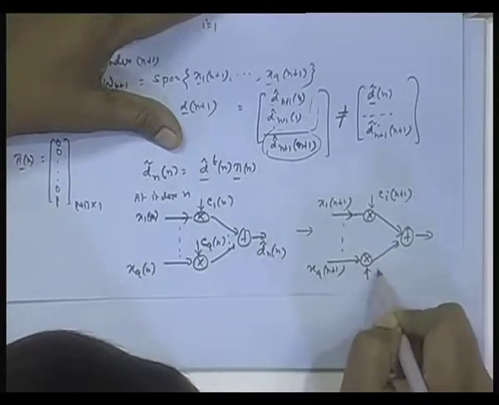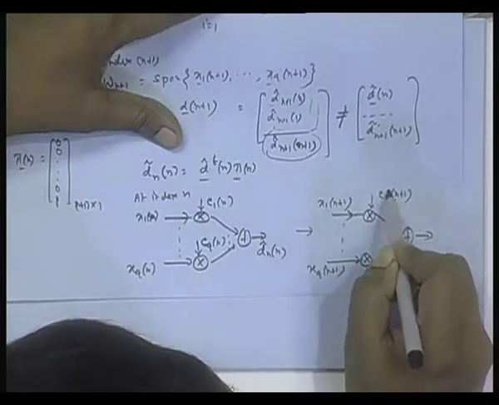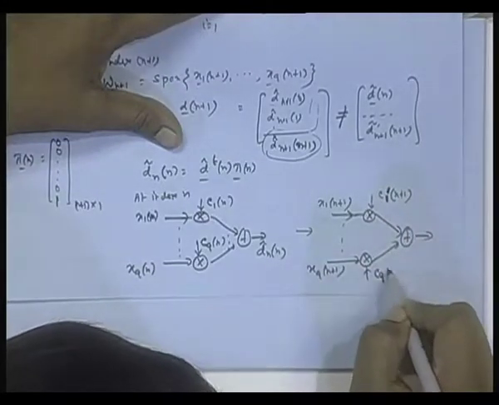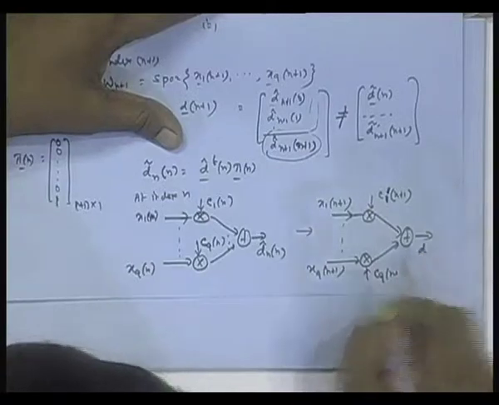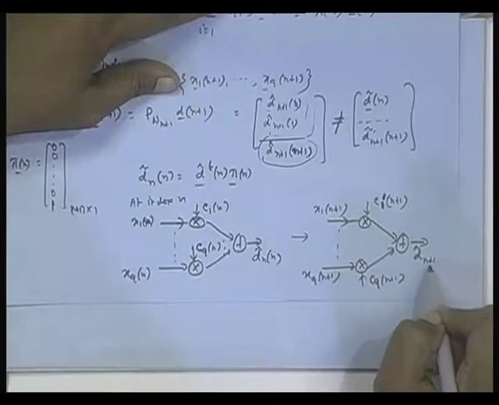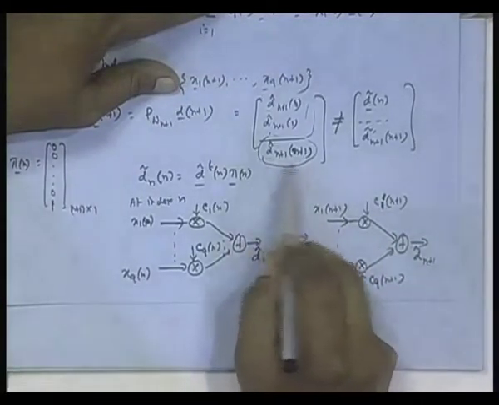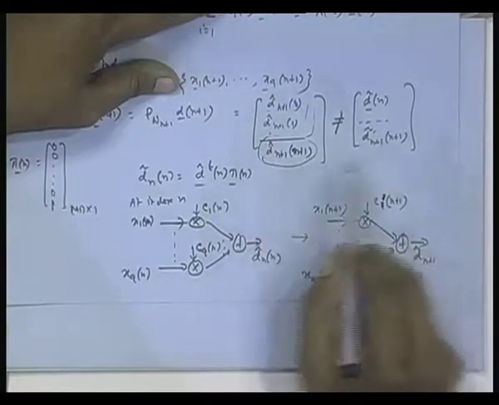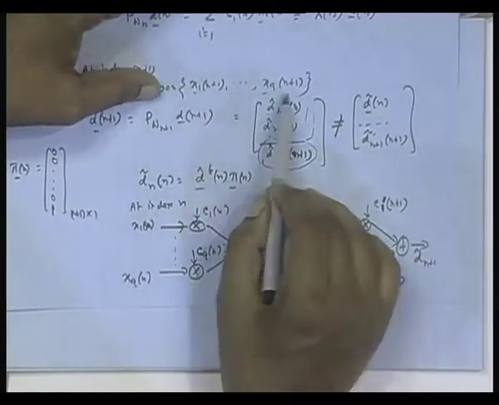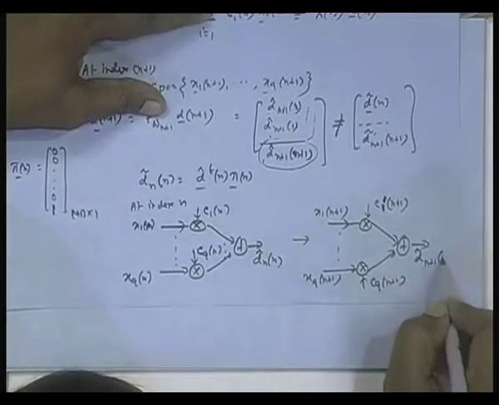And I am using the latest C1, and this is your d cap. I have taken data up to n plus 1th index, based on that found the coefficients and the current estimate, because I am combining the last elements of each of the vectors by those coefficients, and I am getting this.